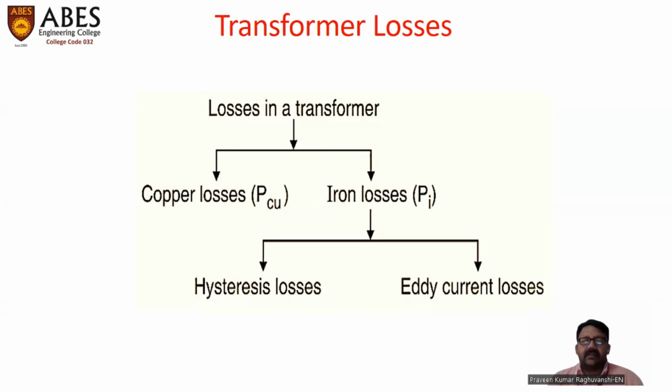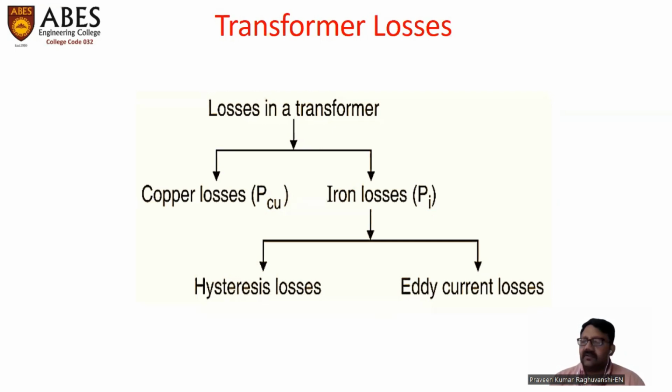Before discussing the open circuit test, first of all, we will discuss the classification of iron losses. Iron losses are classified into two categories: one is hysteresis loss and the other is eddy current loss. Hysteresis losses occur in the transformer core because of the continuous reversal of magnetization of the core under the influence of alternating flux.